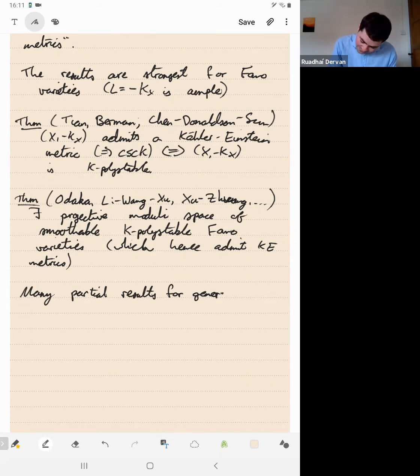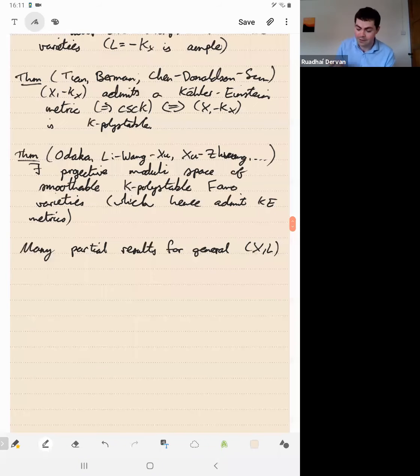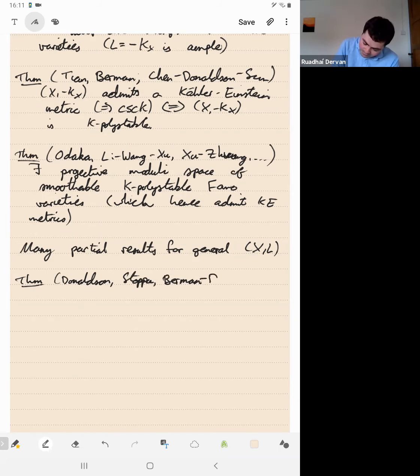For general polarized varieties, there are many results, but in particular, the following one is the one that I want to emphasize, which is proving one direction of this Yau-Tian-Donaldson conjecture, namely existence of canonical metrics implies K-polystability. So again, a theorem that many people have contributed to. I'll just mention Donaldson, Stoppa, and most recently, Berman, Darvas, Lu.